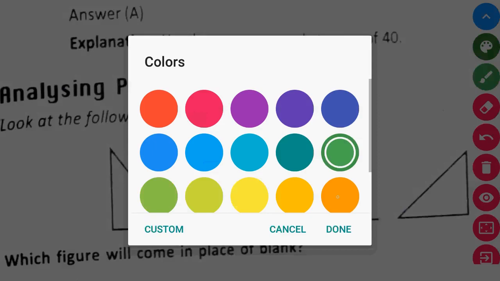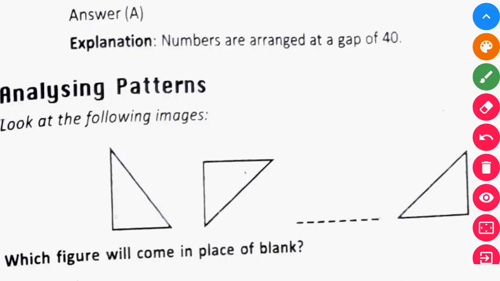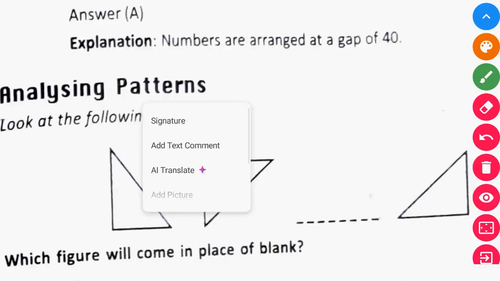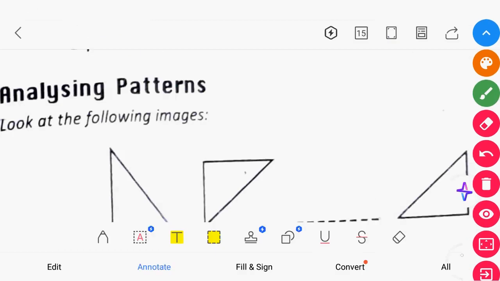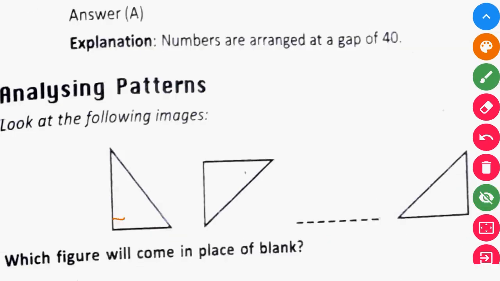Now see, if we observe the images carefully, the right angle triangle is at the bottom left corner. In the next figure it goes up but remains at the left side.